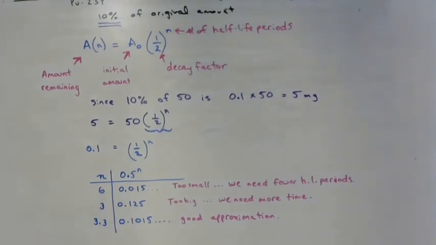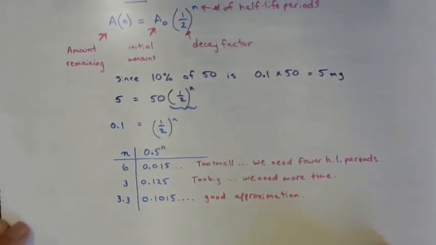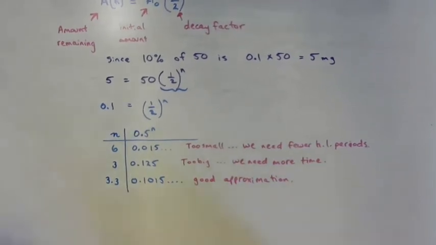The question says, how long will it take? What have we answered so far? We've answered how many half-life periods. So what do we need to do to our half-life periods? Multiply it by 24,110. Take your 3.3 half-life periods, multiply it by the actual half-life period, and you should get 79.2.